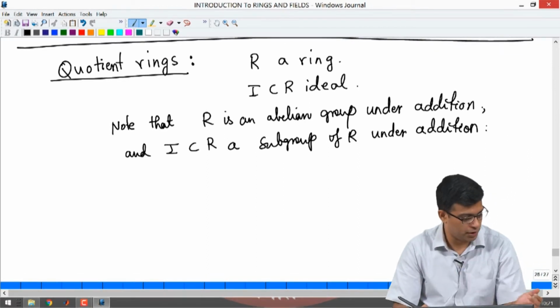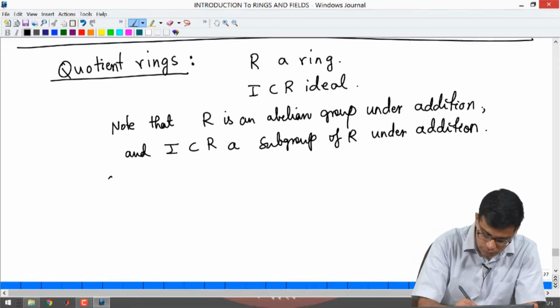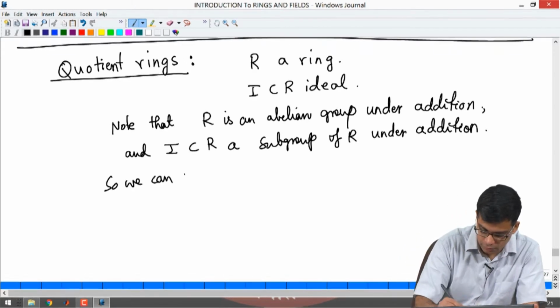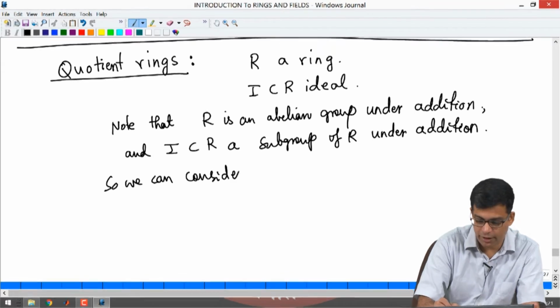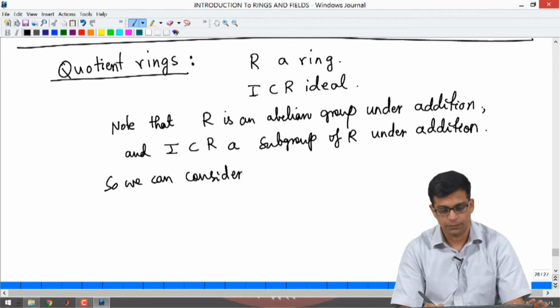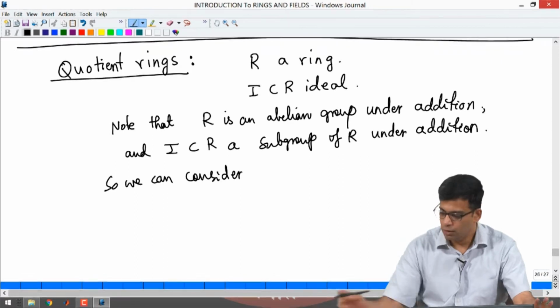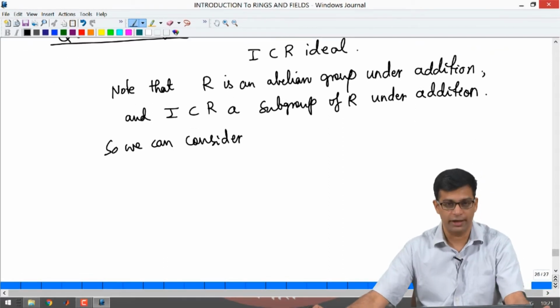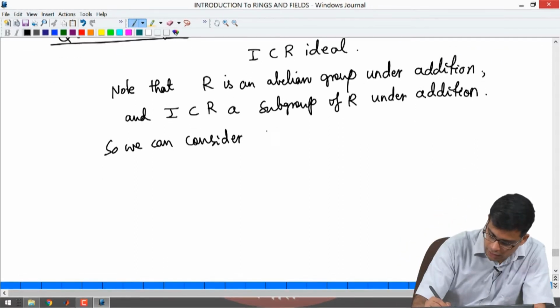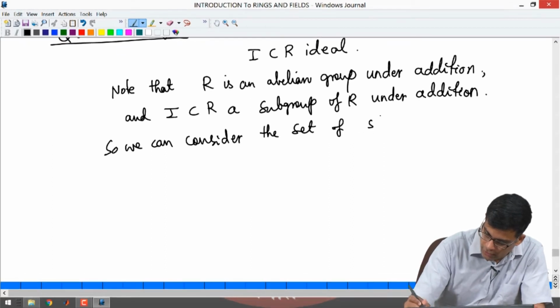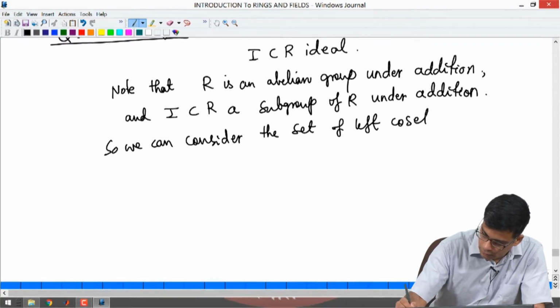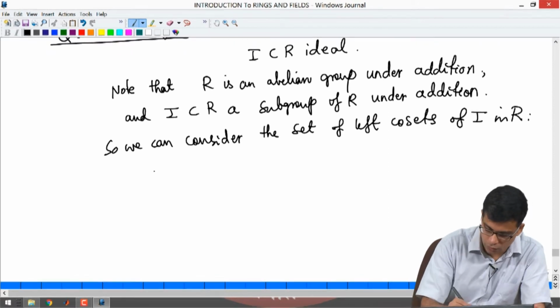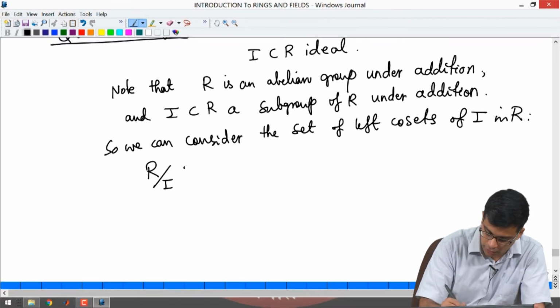So, we can consider, basically just forgetting the multiplication on R and the additional property of an ideal, which we do not need for the moment, the set of left cosets of I in R. We will denote this as usual by R mod I.